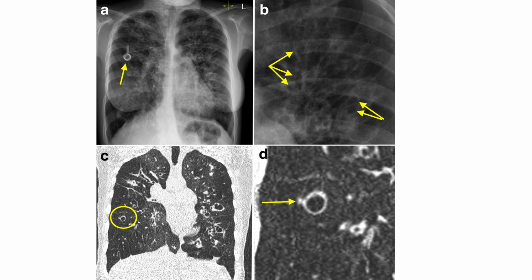In addition, in the right lung, you can see one of the typical CT signs of bronchiectasis, known as the signet ring sign, outlined here in the yellow circle, and which is more clearly seen in image D.